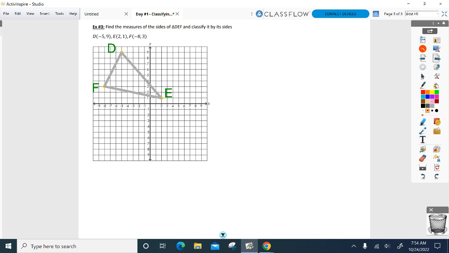Again, make sure your points, your vertices, are on there. D, E, F. Nice job, ladies. What happened here? What, -5? Okay, that's fine. 2, 1, -8.